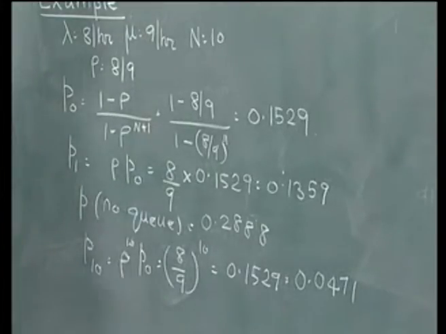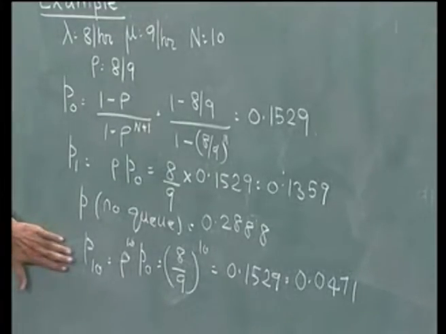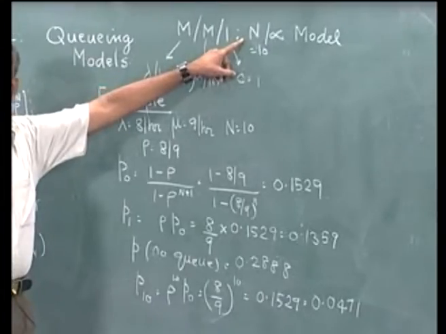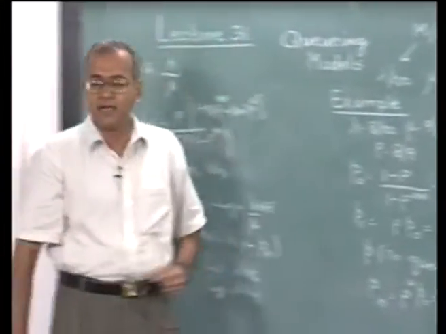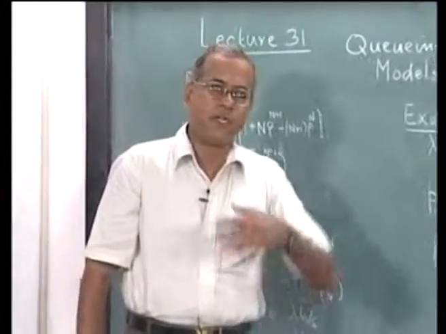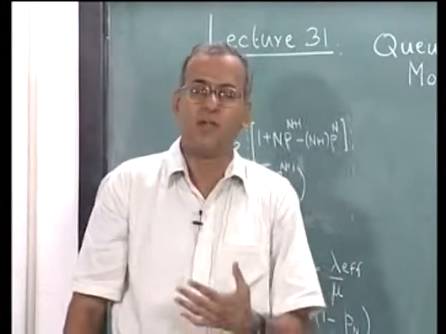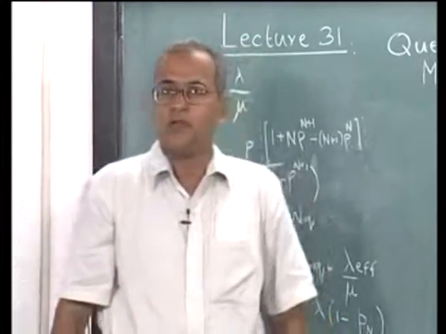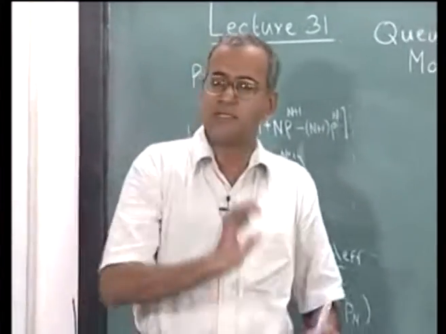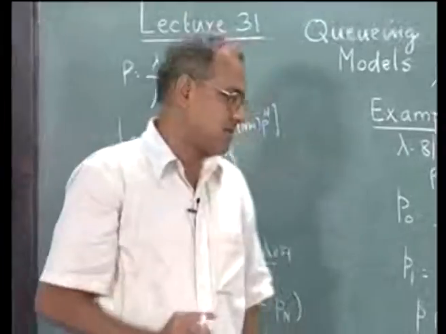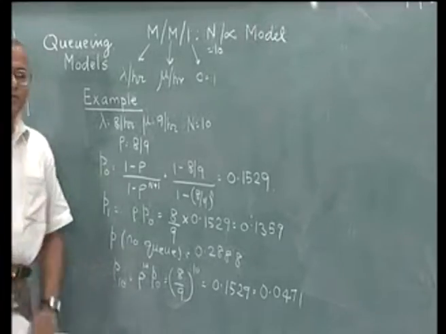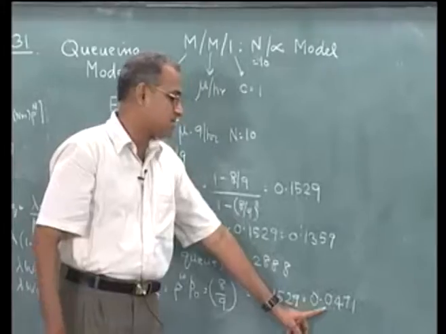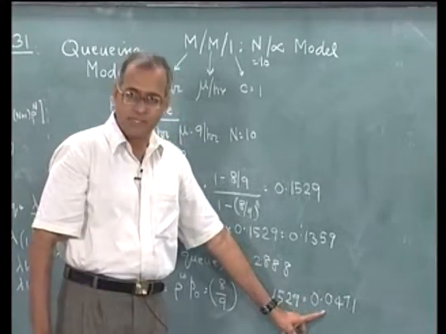Now, this P 10 is extremely important, because from P 10 we are going to say what is the probability that a person who comes into the system does not join the system. The person does not join the system when there are 10 people in the system. So, probability that someone does not join the system is 0.0471.